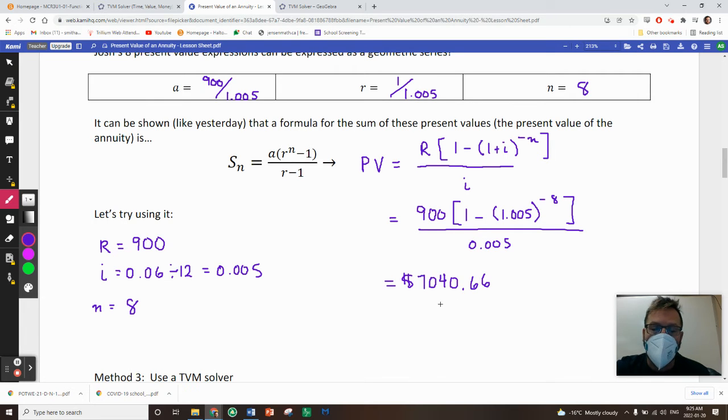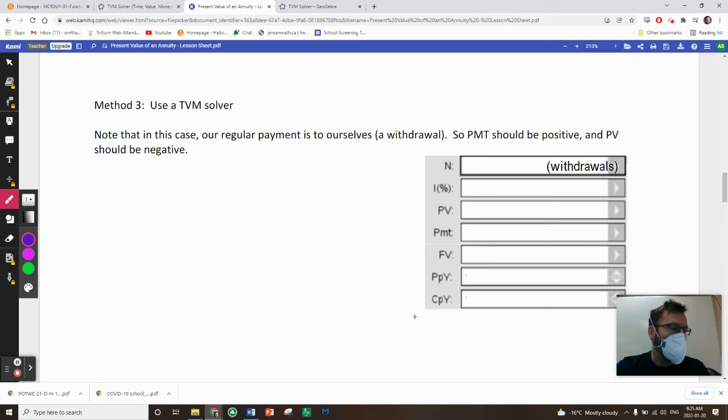So here we're going to use the TVM Solver. I believe everyone except Aaron, I'll get you one. I had a TVM Solver on your desk. If you haven't yet, can you follow the prompts on the board and get to the TVM Solver screen?